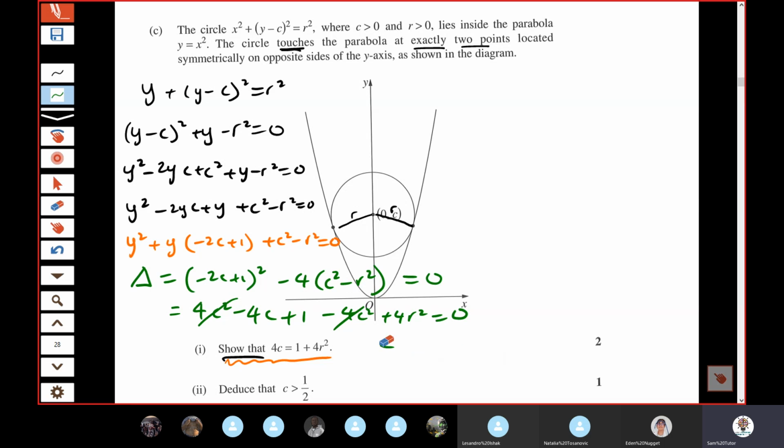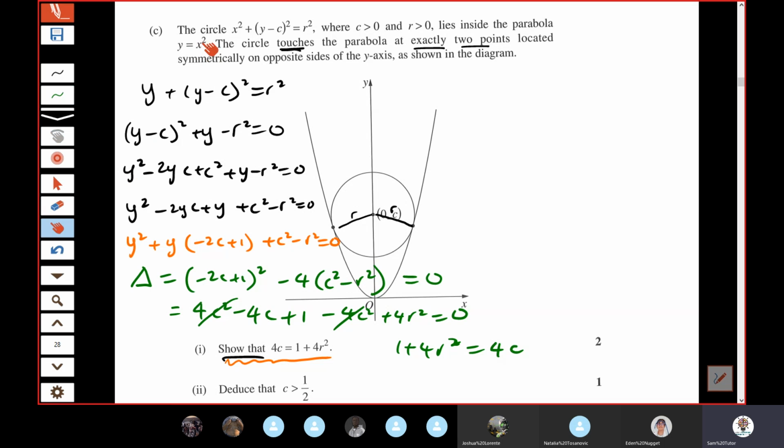Well, just bring the 4c to the right hand side. 1 plus 4r squared equals 4c.